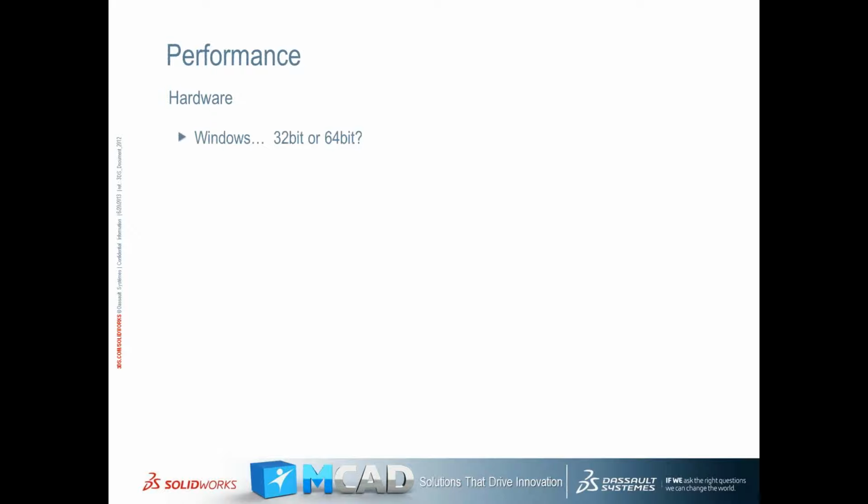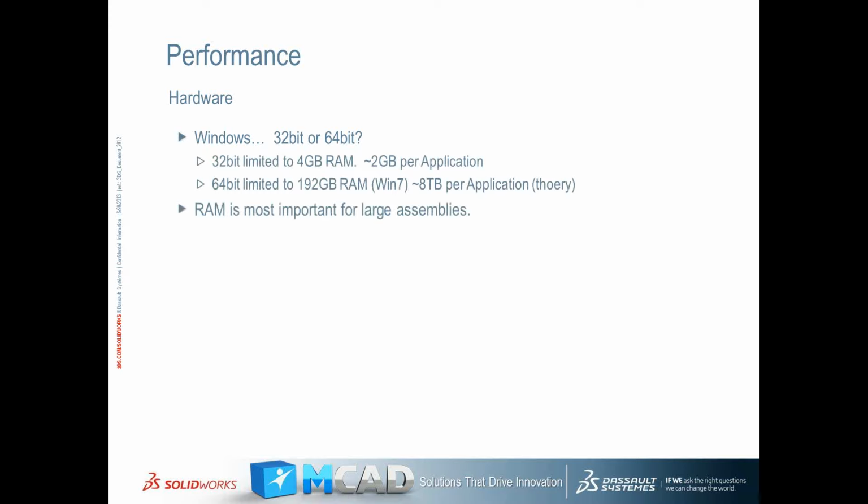So 32-bit or 64-bit, what's the difference here? And the difference really is the amount of memory that it can use. 32-bit is limited to about 2 gigabytes per application. 64-bit is theoretically limited to about 8 terabytes per application. Now we're not quite there yet in the development of that.